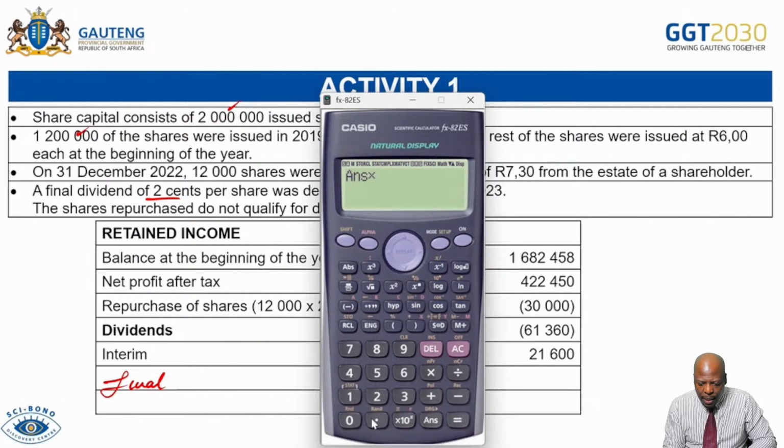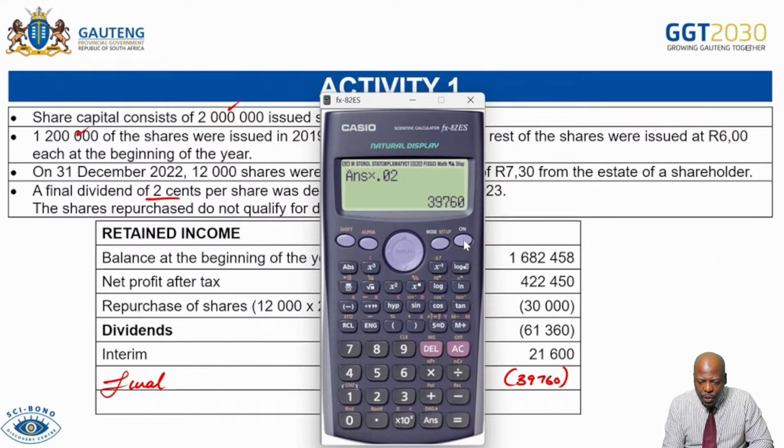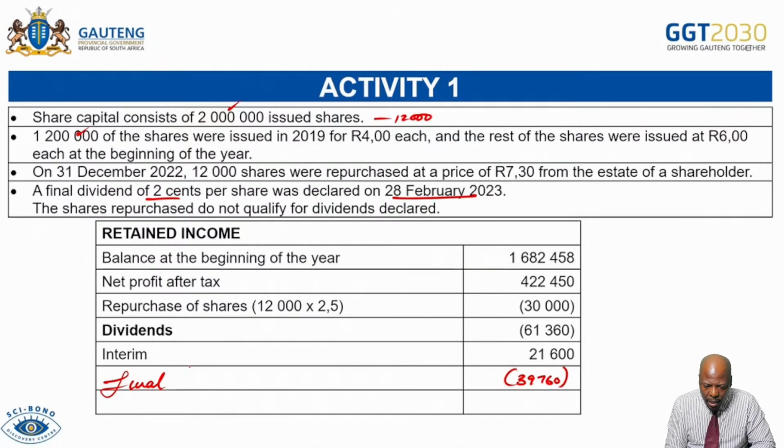Then I give 2 cents of that, and that's going to give me 39,760. Okay, let me show you again what we did. We said out of the 2 million shares that we had in issue, we repurchased 12,000, and that will leave us with 1,988,000.